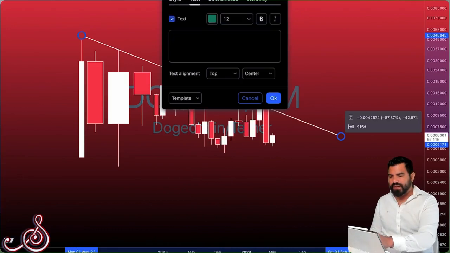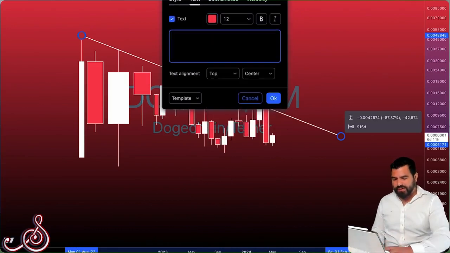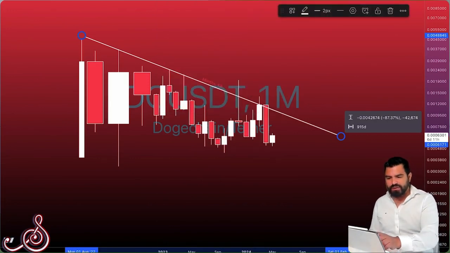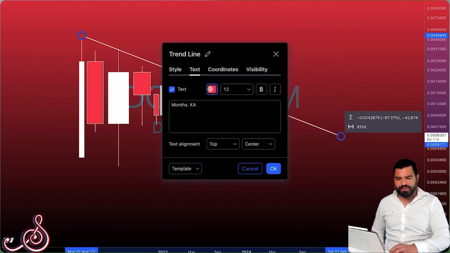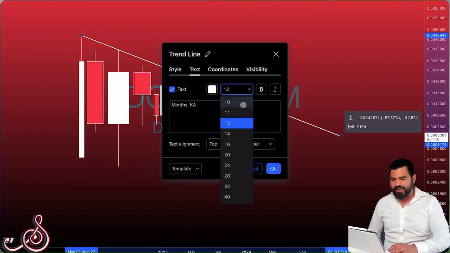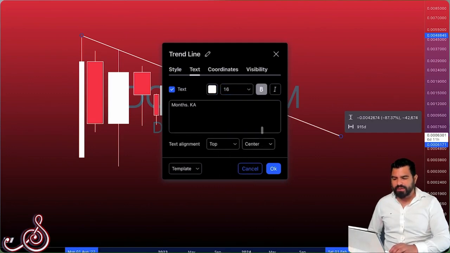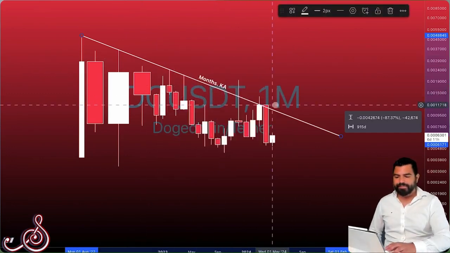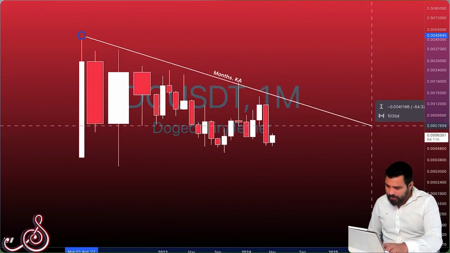If you want to give yourself a line and a label, make sure you type in a keyword like monthly and then .ka, so you know what you're dealing with. If you can't see your words, check your text color, like me. I can't see them in this case. Make them big, bold, beautiful. The bold and the beautiful.